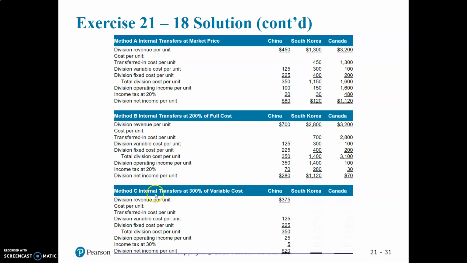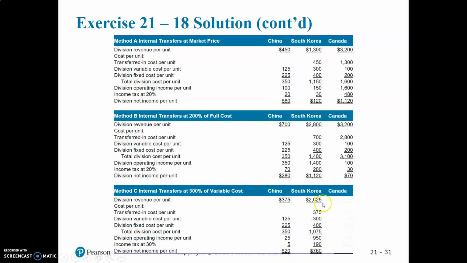Now for the last method, internal transfers at 300% of variable cost. For China, we know that the transfer price is $375 per unit. And when you subtract the division cost of $350 from that number, operating income is $25 and after-tax net income is only $20.